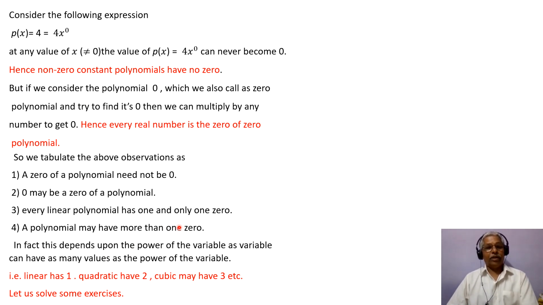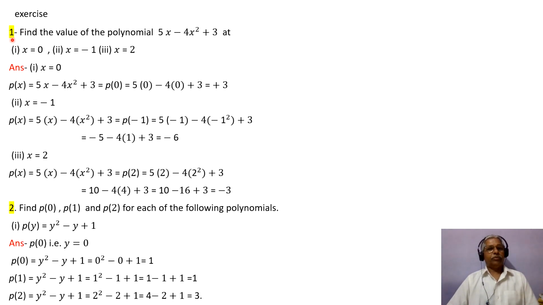So after learning this theory, we will try to solve some exercises. Exercise first one: find the value of the polynomial 5x minus 4x square plus 3 at x equal to 0 (first), x equal to minus 1 (second), and x equal to 2 (third). Answer, x equal to 0.